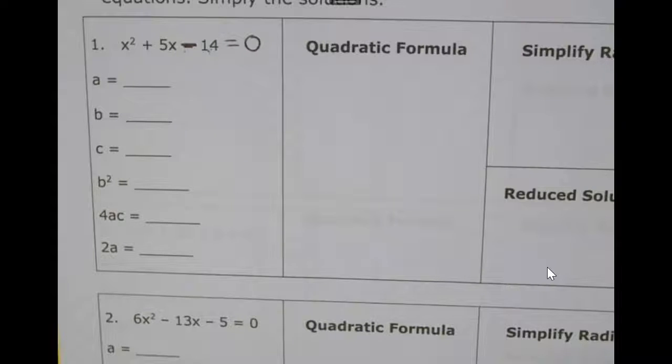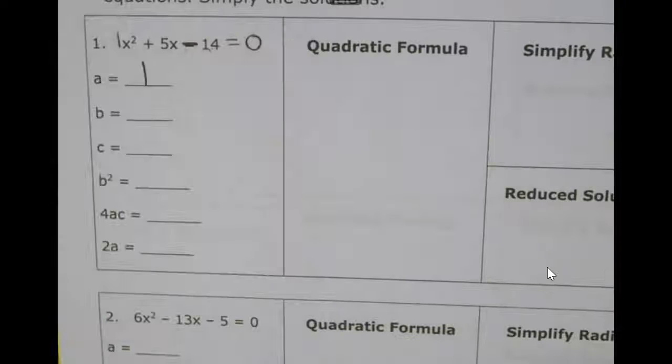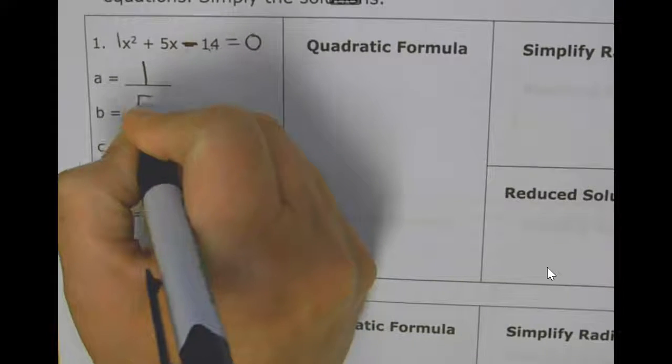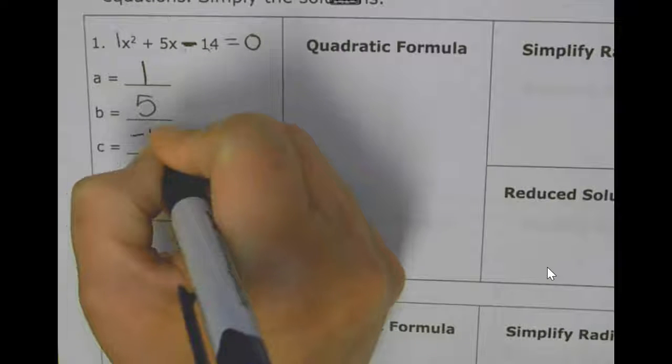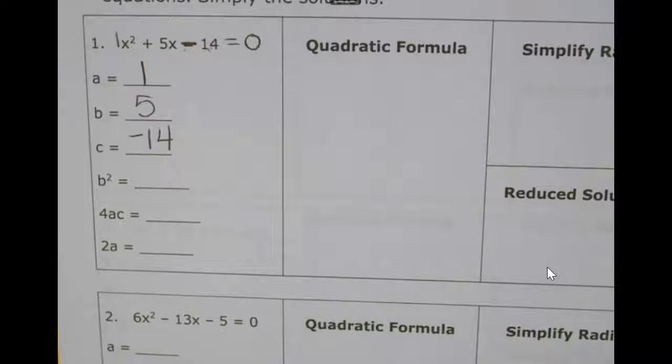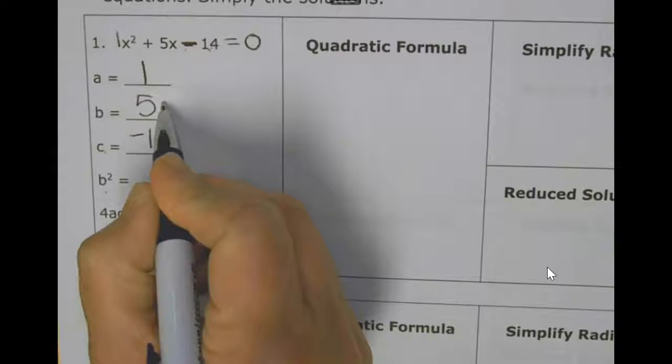So A is the number in front of the x squared. If there's not a number in front of the x squared, what could the A be? B is the number in front of the x. C is the number without an x. B squared means I take this number and square it.